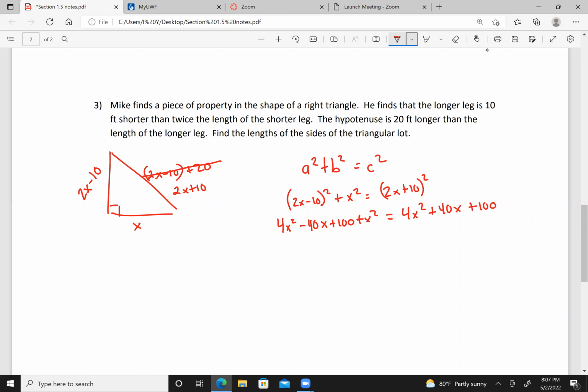So combining like terms over here, I get 3x squared minus 40x plus 100 equals 4x squared plus 40x plus 100. I can subtract 100 from both sides, which gives me 3x squared minus 40x equals 4x squared plus 40x.